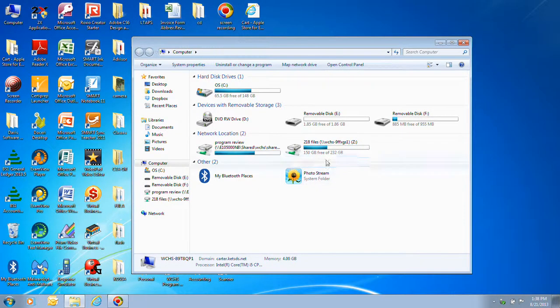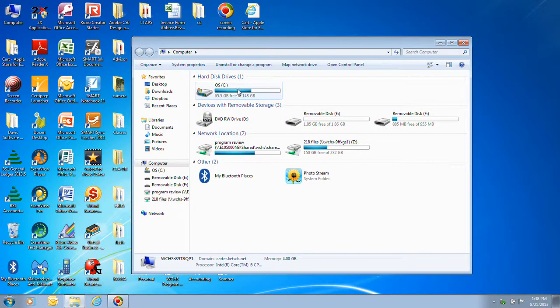Okay, you notice that now my drive E and F has popped up. I put in a couple different flash drives, and you notice that there's some general information about them. I have a 1.86 gigabyte and I have a 955 megabyte flash drive, and you can see the storage space that's on there as well.